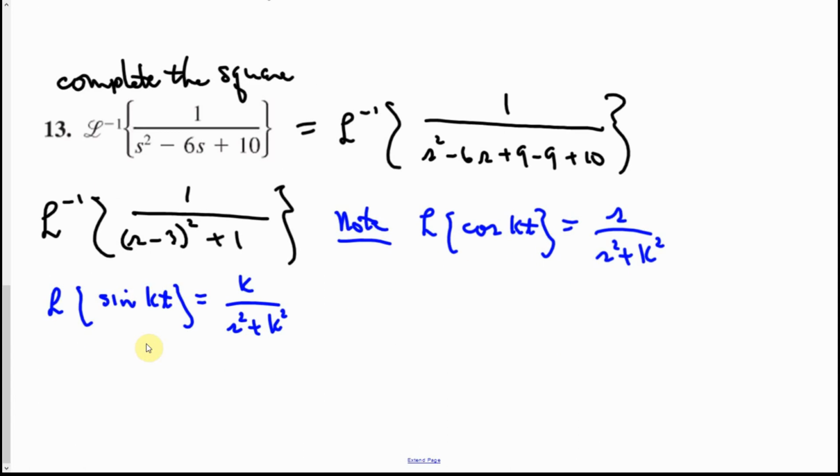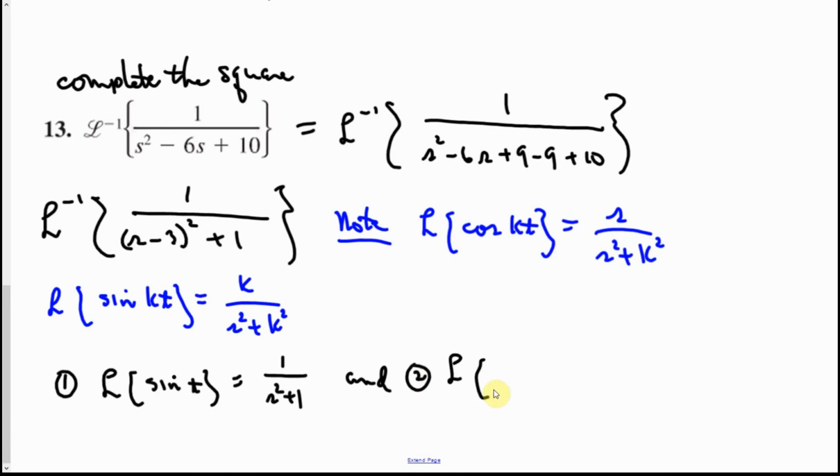So two things that you see here. I see the Laplace transform of sine of t. Now what is that? That's 1 over s squared plus 1. And secondly, I see the Laplace transform of e to the 3t, which is 1 over s minus 3.